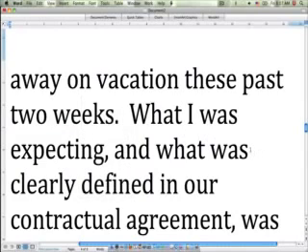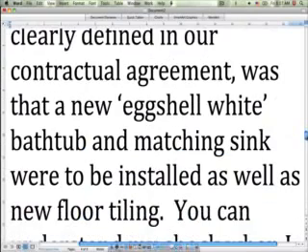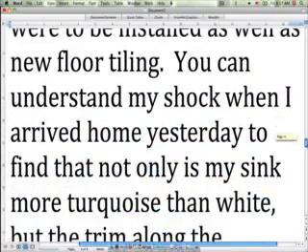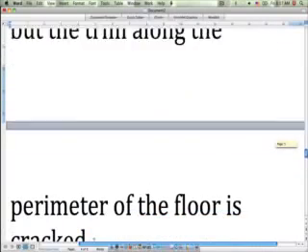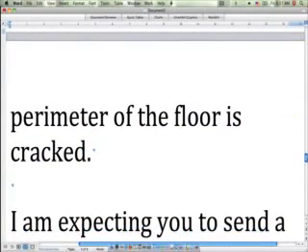What I was expecting, and what was clearly defined in our contractual agreement, was that a new eggshell white bathtub and matching sink were to be installed, as well as new floor tiling. You can understand my shock when I arrived home yesterday to find that not only is my sink more turquoise than white, but the trim along the perimeter of the floor is cracked.